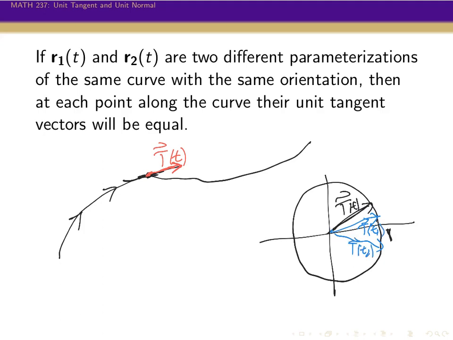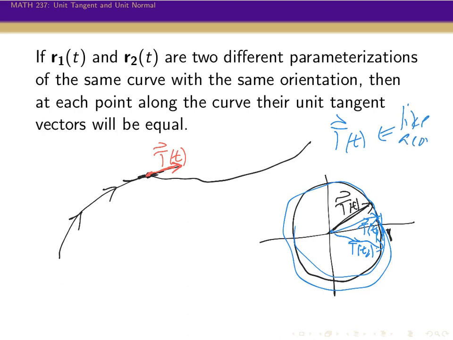But they're all lying on this unit circle, okay? And so you can kind of think about the unit tangent, it's just kind of spinning around this circle. And so it's acting a lot like a compass, right? So you can think about T of t as a compass for the curve telling us where we're going.